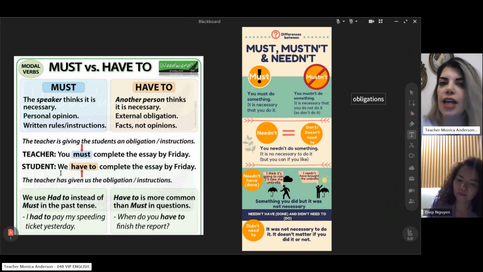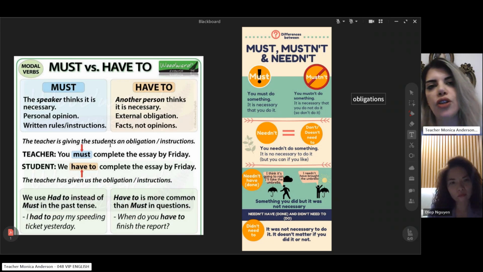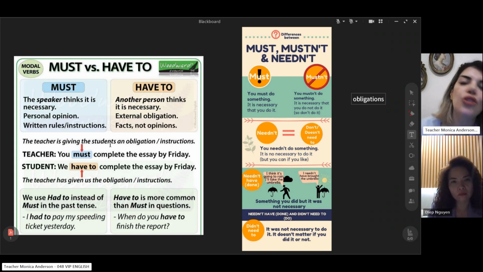Using these two examples, we realize that the teacher has given us the obligation or instruction, something that we need to do. So we use must or have to. If you want to talk about the past, you use had to for both forms, must and have to.